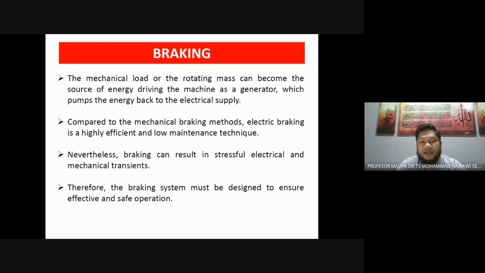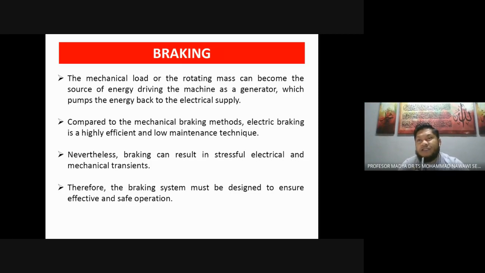Compared to the mechanical braking methods, electric braking is a highly efficient and low maintenance technique. If you apply electric braking, it is highly efficient and low maintenance, because if you think about the normal mechanical braking system of a vehicle, you need to replace the brake pad, isn't it?